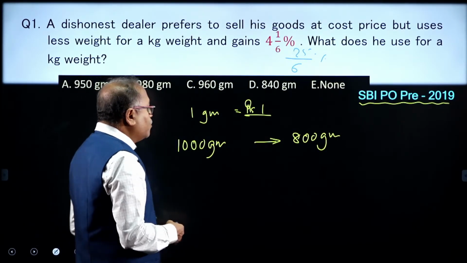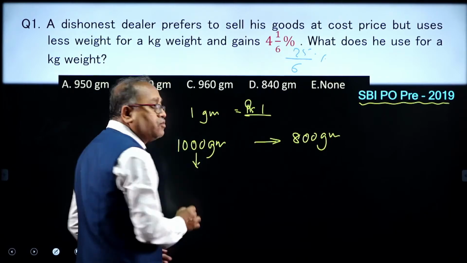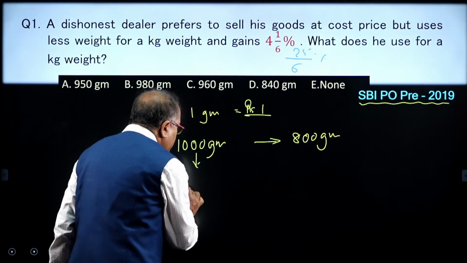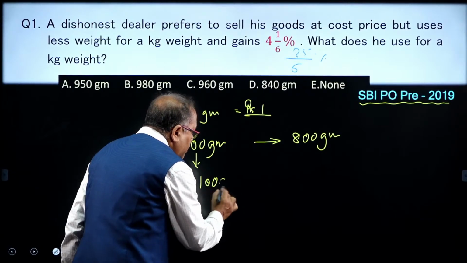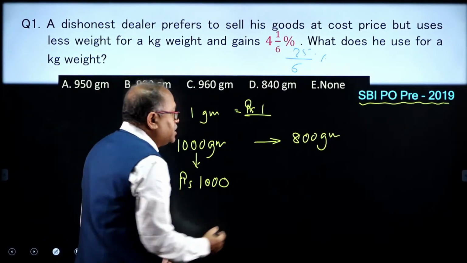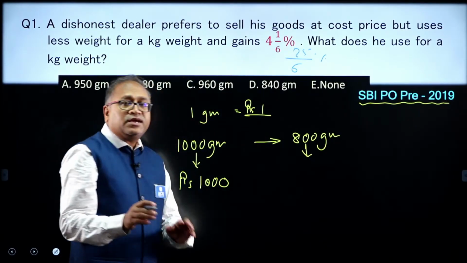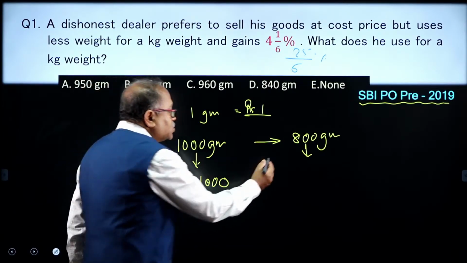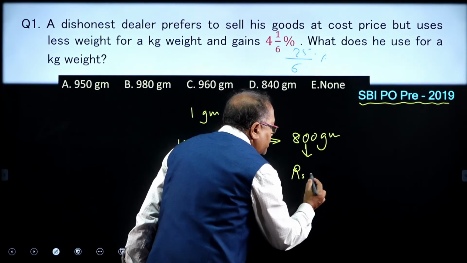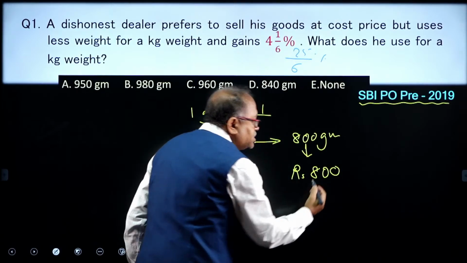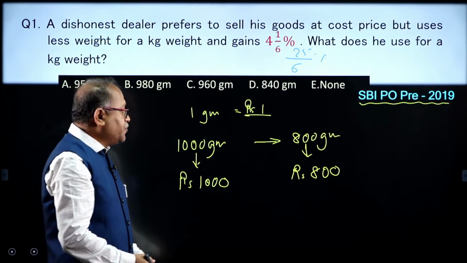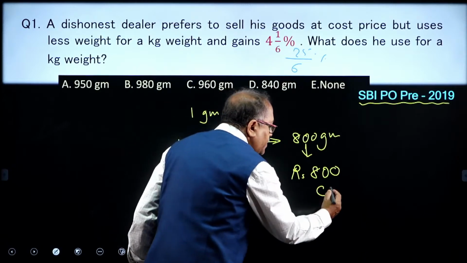Then he is collecting 1000 rupees from the customer, but he delivers the goods of only 800 grams. That means, what is his cost price? His cost price is rupees 800, because he is cheating the weight and giving 800 grams only.